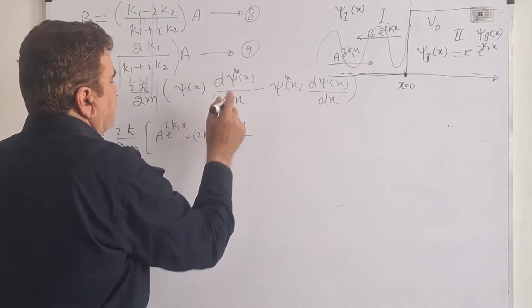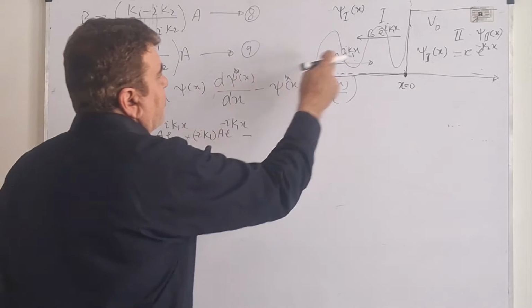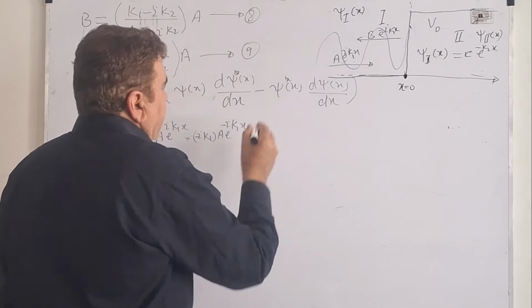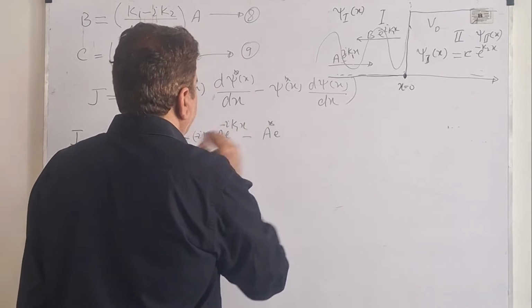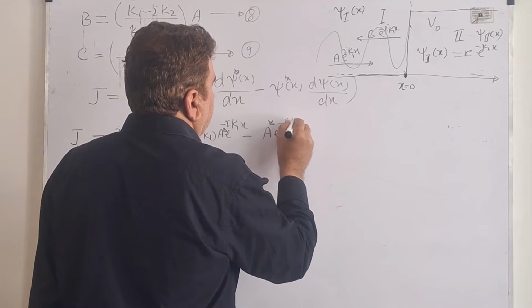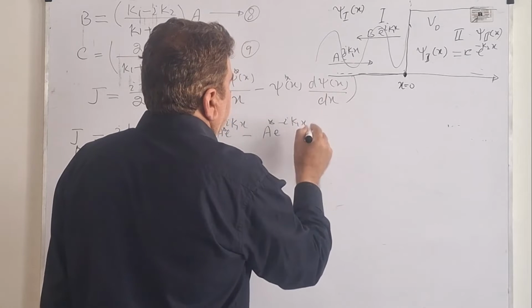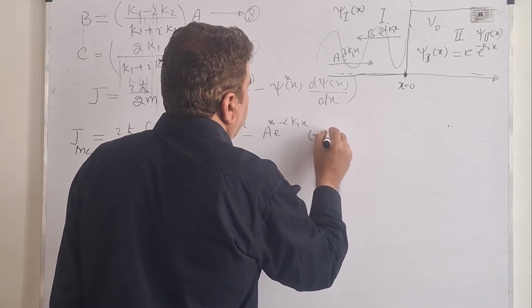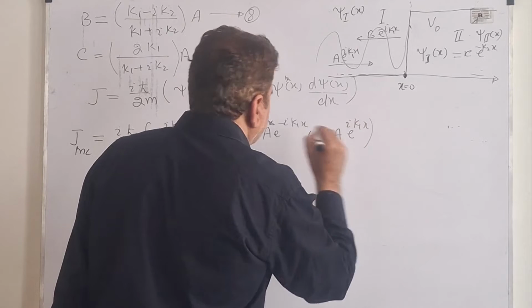So I would have a minus over here and a minus over here because you are taking the derivative of the complex conjugate of this wave function. The complex conjugate of this wave function is A star exponent minus iota k1x, and the derivative of this wave function is in fact equal to iota k1 times A exponent iota k1x.